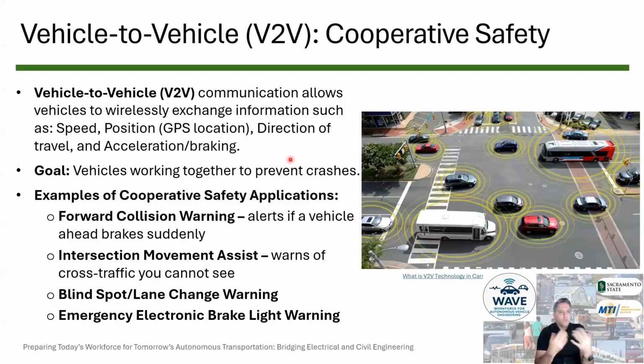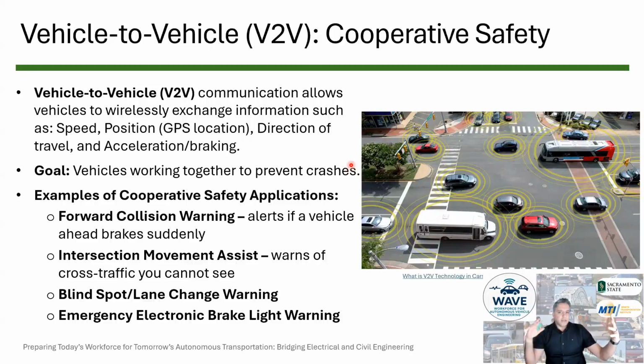So we have vehicle to vehicle, where vehicles communicate with each other, and they can exchange information such as the speed, position, direction of travel, and acceleration and braking. They work together mainly for safety and to prevent crashes, like don't get closer together.